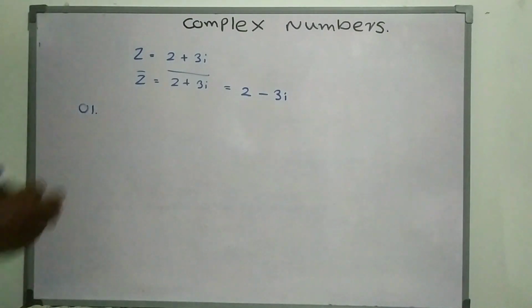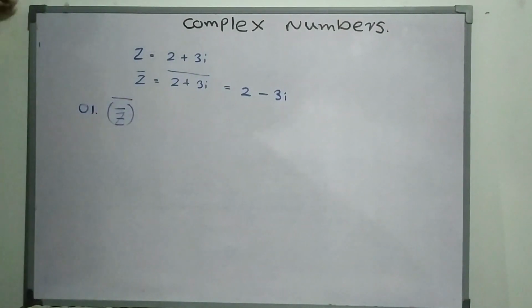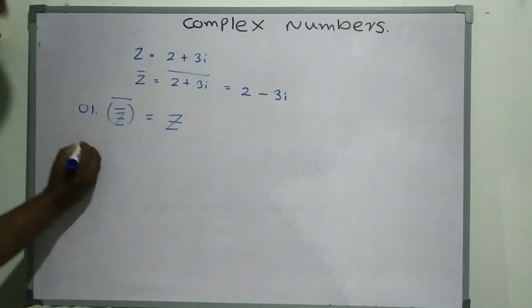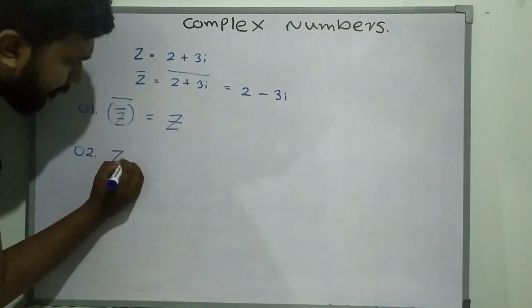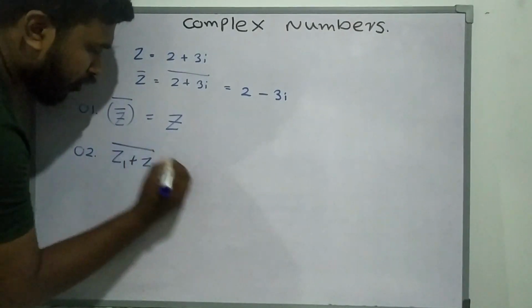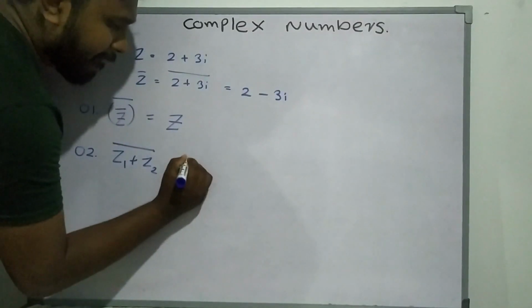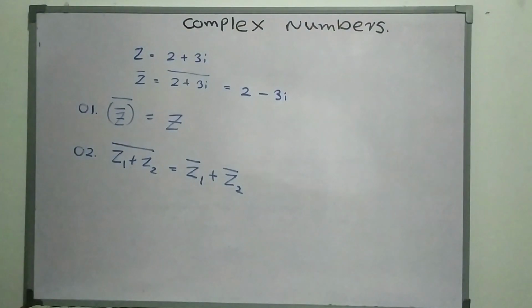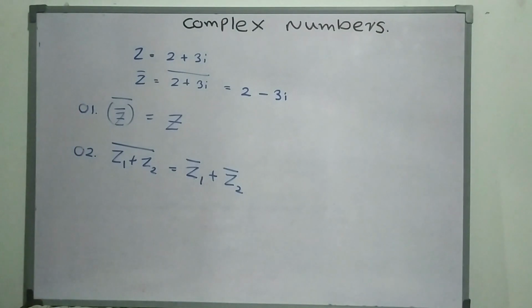The first theorem is the double z bar, which is again z. The second one is z1 plus z2, the whole conjugate, equal to z1 bar plus z2 bar individually. The conjugate of the sum is equal to the sum of the individual conjugates.